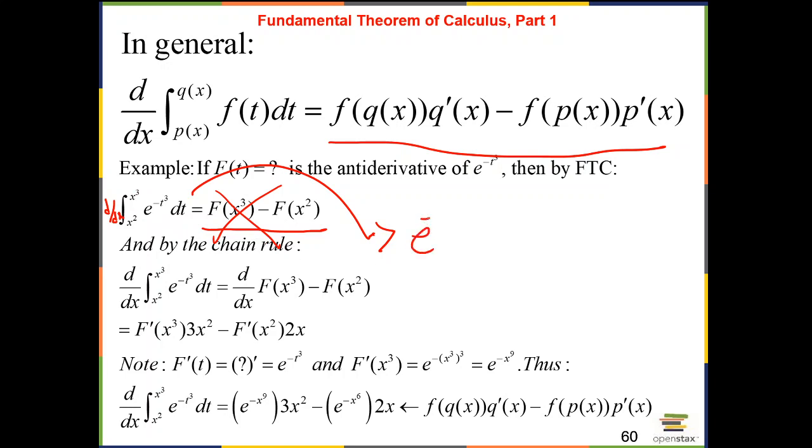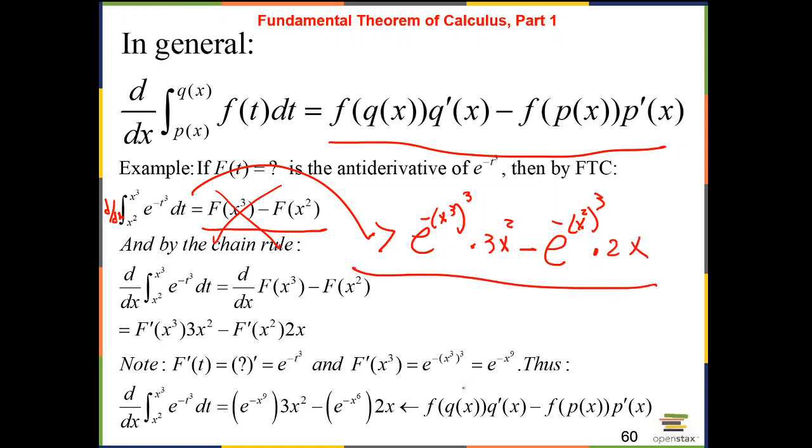So you get e to negative x to the third to the third, and then multiply it by derivative of x to the third, which is 3x squared, right? And then minus, now take x squared and substitute there, so it's going to be e to negative x squared to the third, right? Times derivative of x squared, which is 2x. And you're done. That's it.